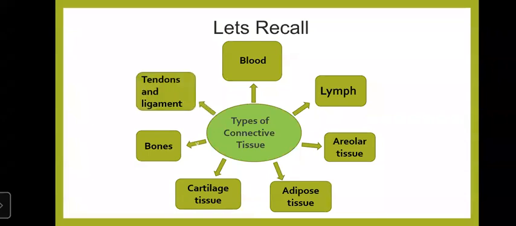The last was tendons and ligaments. Now these are fibrous connective tissues. Tendons are made up of white fibers and they join muscles to the bones, whereas ligaments are thin elastin fibers, which are thin but very strong, and they connect bone to bone.